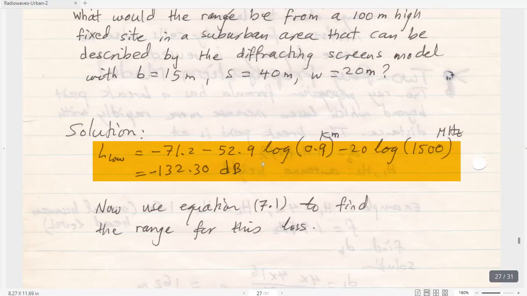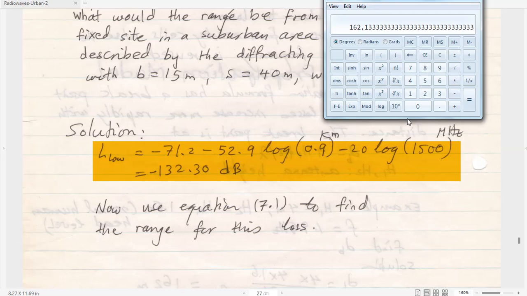So we obtain minus 71.2 minus 52.9 times log 0.9 minus 20 times log 1500.